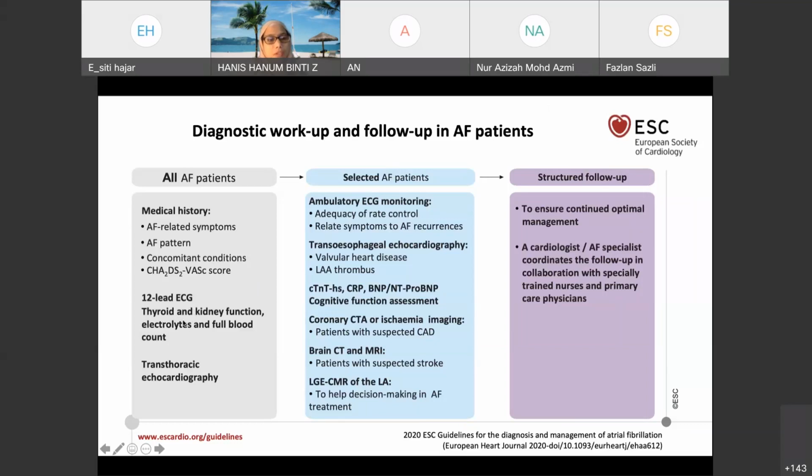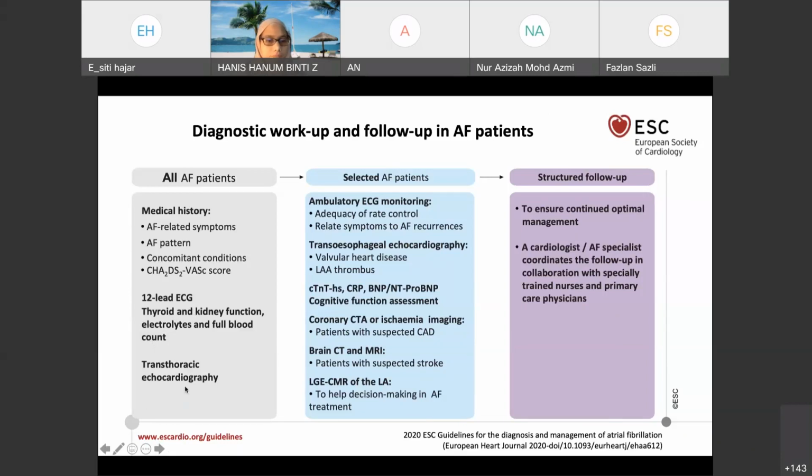We need to check for thyroid function test because hyperthyroidism can also cause tachyarrhythmias. You need to check your kidney functions and your full blood count. In some centers, we do transthoracic echocardiography, meaning we want to check whether there is a clot formation or not.